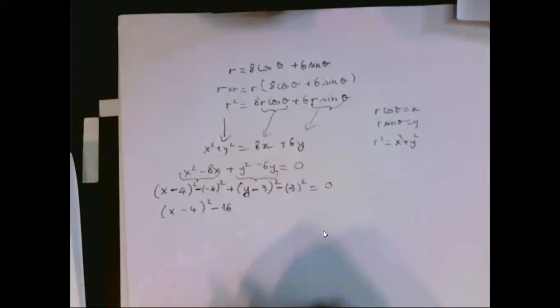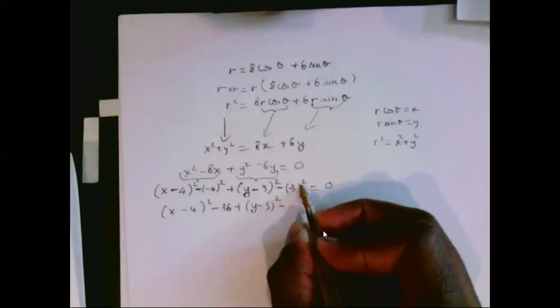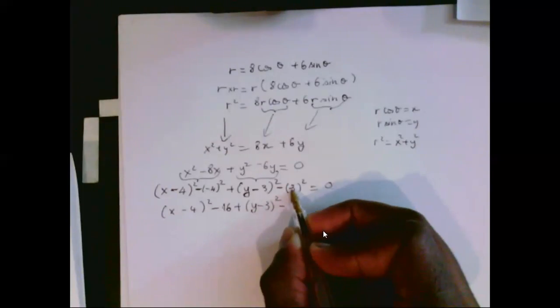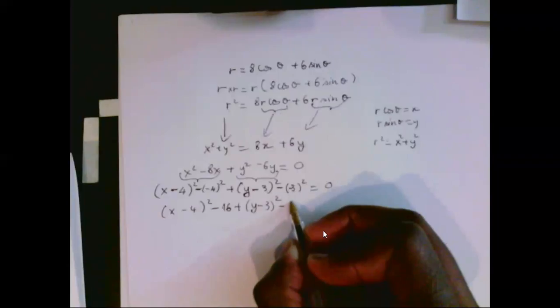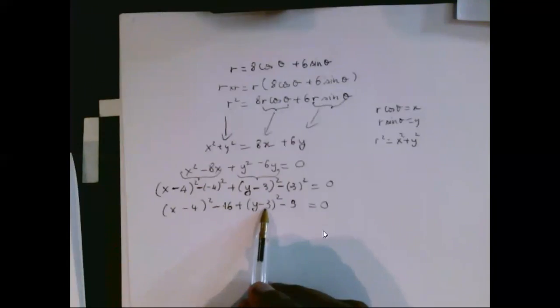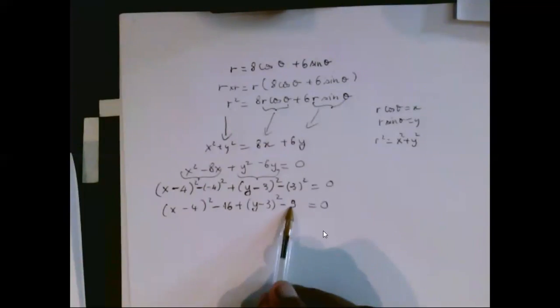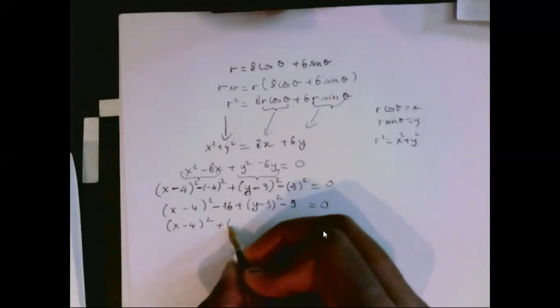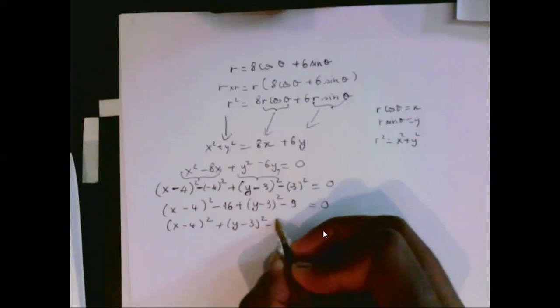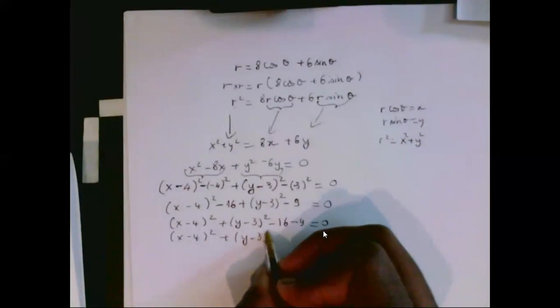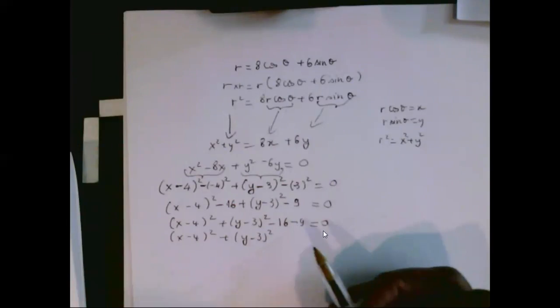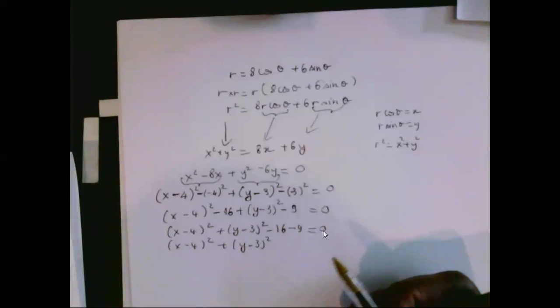So I copy x minus 4 squared plus y minus 3 squared, minus 16 minus 9 equals 0. Negative 16 minus 9, if you're unsure, is negative 25, so this is minus 25 equals 0.